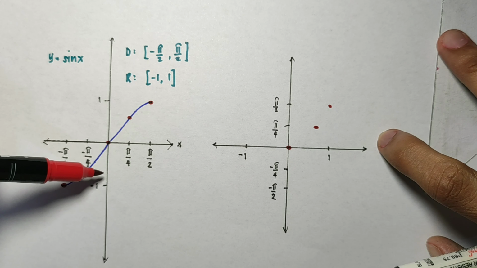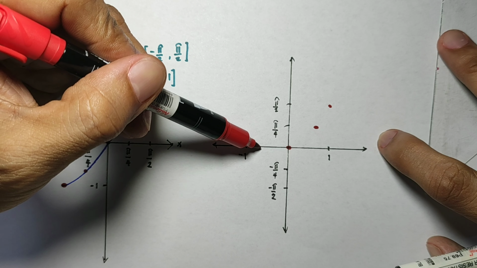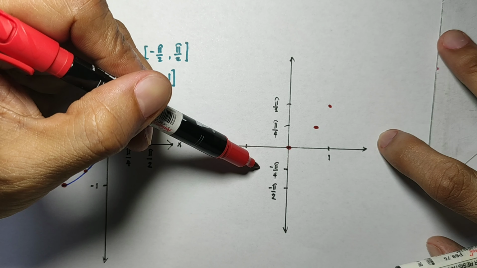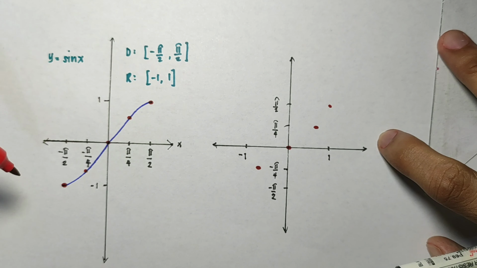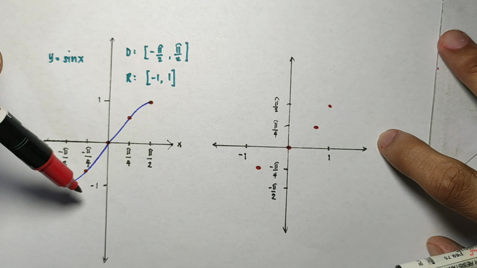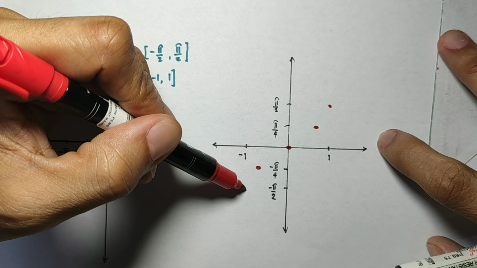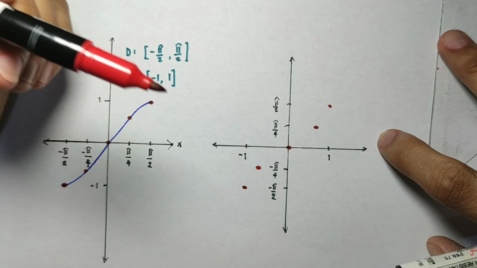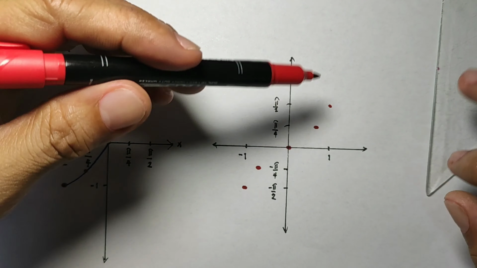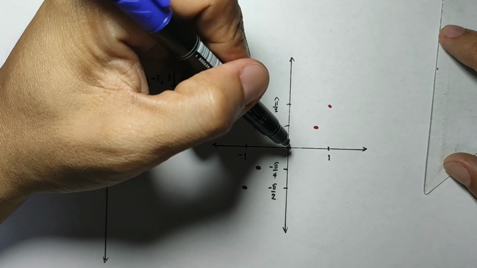And for this one, we have negative 0.71 for the x and negative pi over 4. And the last, we have negative pi over 2 comma negative 1. That will become negative 1 comma negative pi over 2.